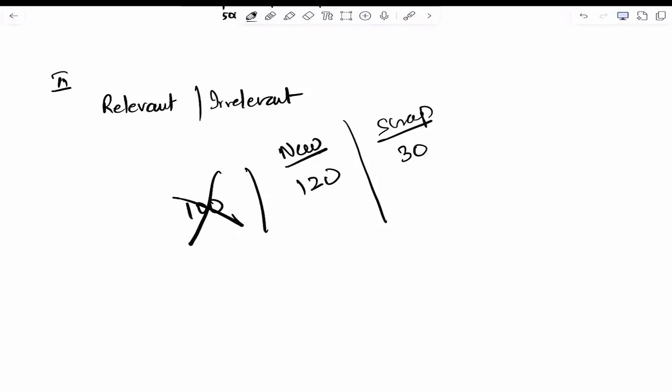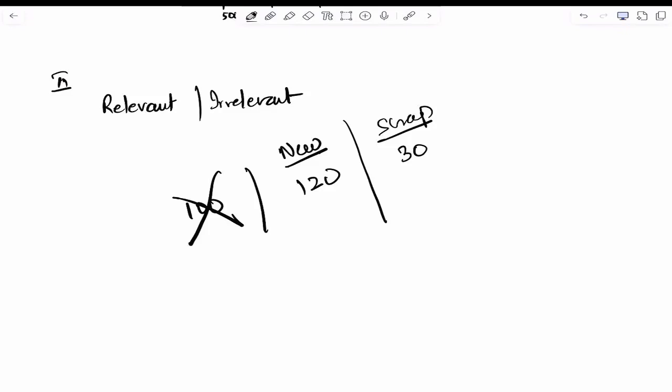Factory rent to be incurred per month is 10 lakhs.